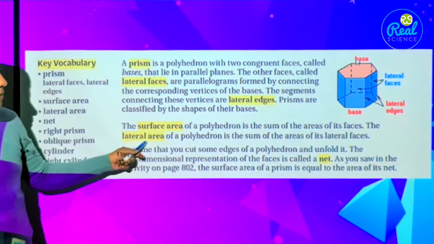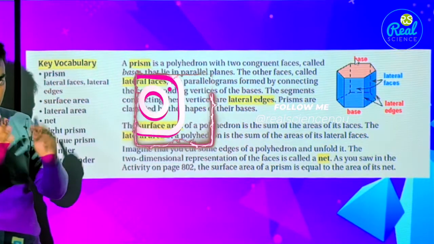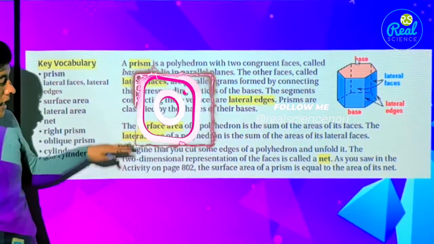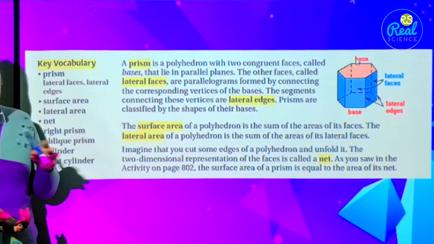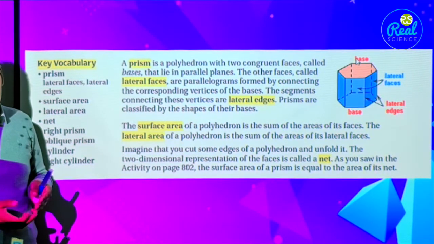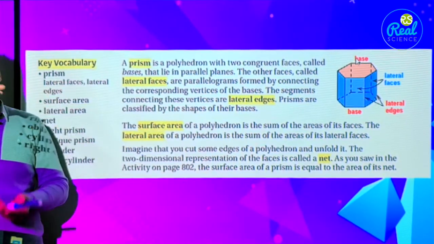Oh, sorry, sum of only side faces. Yeah, bases are not included. Lateral area is without the sum of area of bases. And surface area is the sum of all faces.